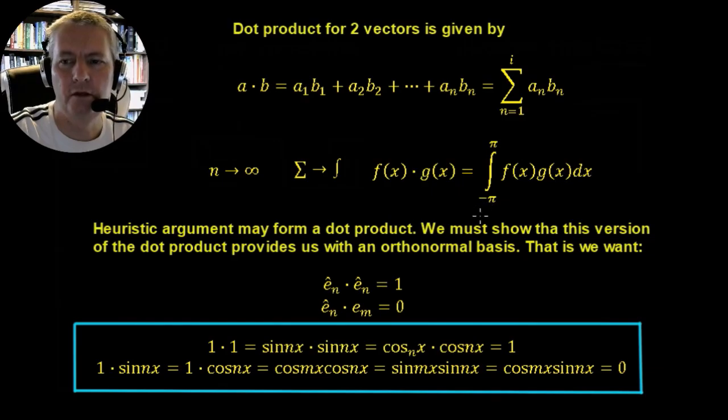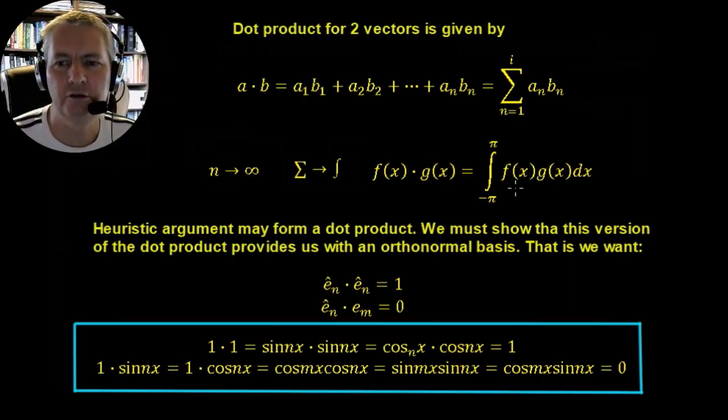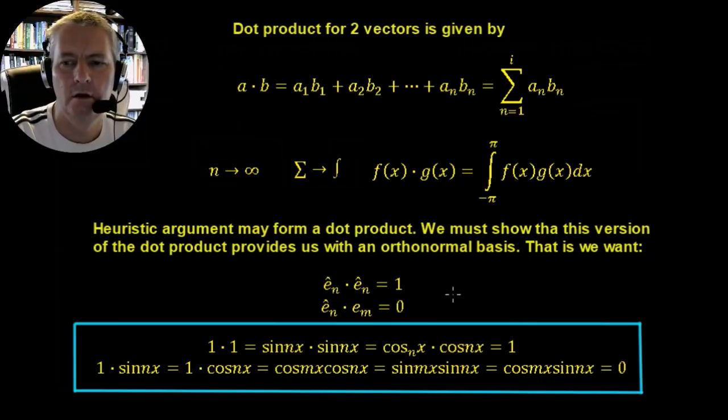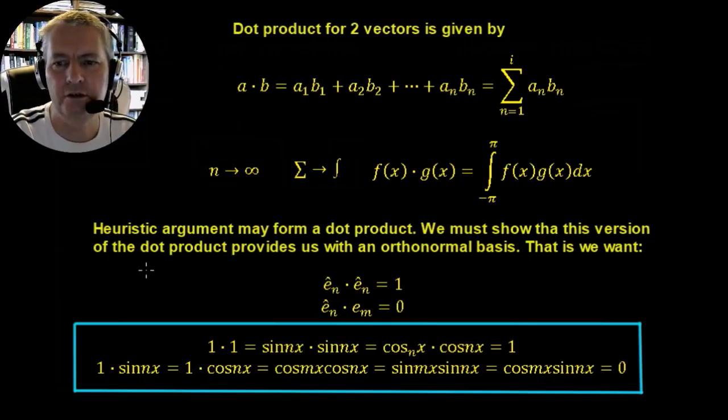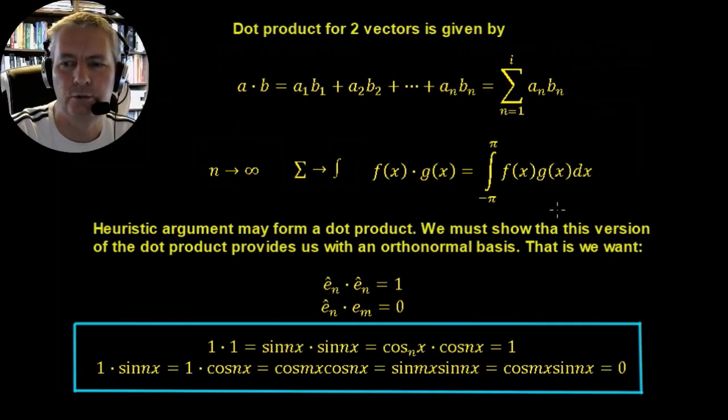Now we could put in the limits as well of minus pi to pi, because we know that we're dealing here with the sinusoidal functions, and we know that the sin x and cos x repeat every 2 pi radians. So that is a heuristic argument, and it's a heuristic derivation of the dot product, and we're saying that this here is the dot product between two functions which we're looking for.